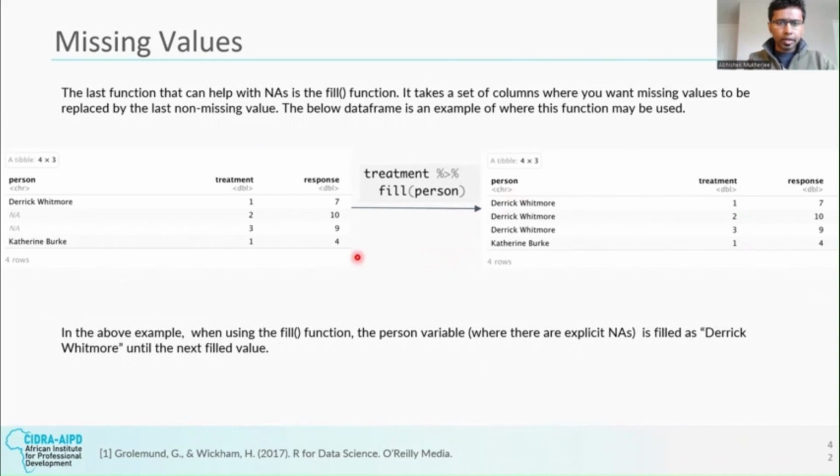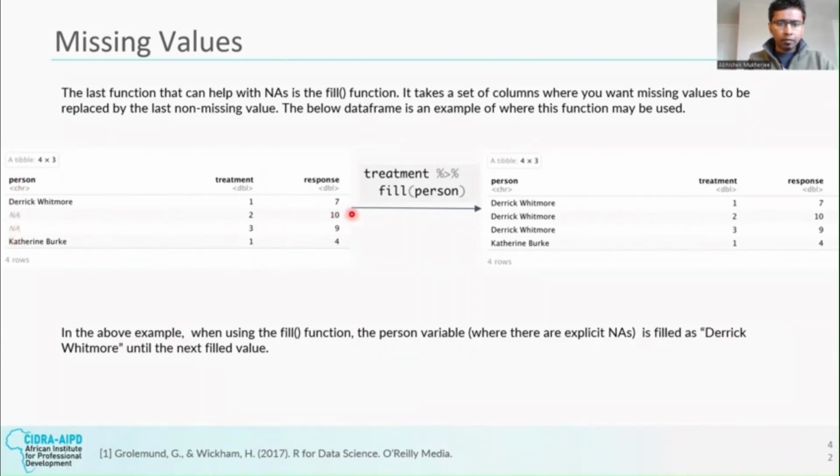Another function that can help us deal with NA values is the fill function. It basically takes a set of columns where we want the missing values to be replaced by the last non-missing value. In this example data frame on the left-hand side, we have a person column which has two explicit NA values.